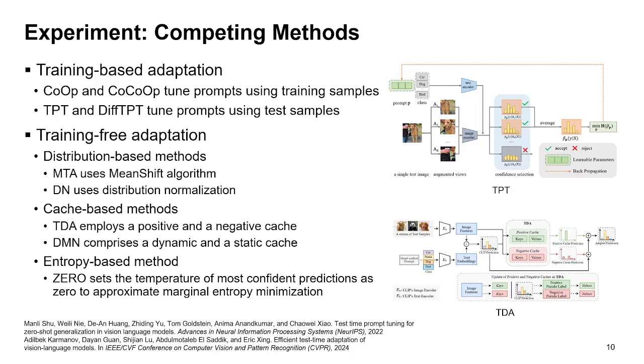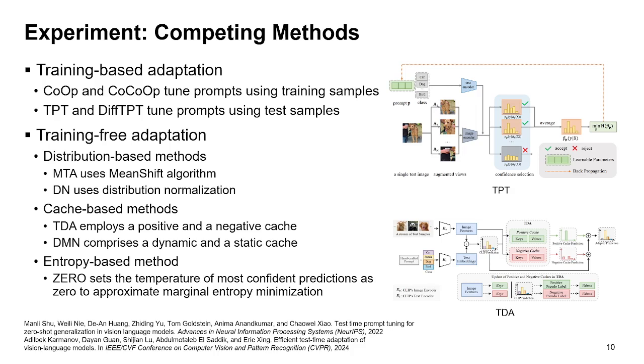We compared our method with 4 training-based methods and 5 training-free methods. For training-based methods, CoOp and CoCoOp tune prompts using training samples, while TPT and Diff-TPT tune prompts using test samples. The training-free methods include distribution-based, cache-based, and entropy-based ones.